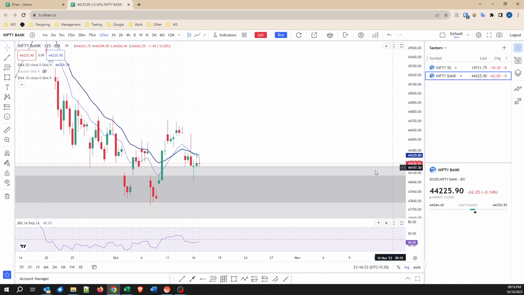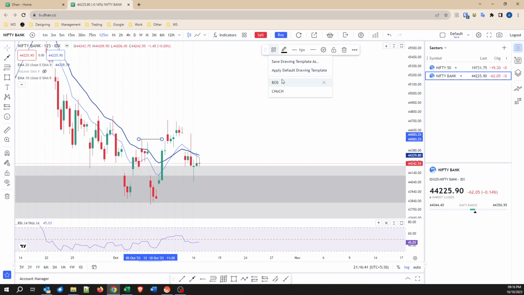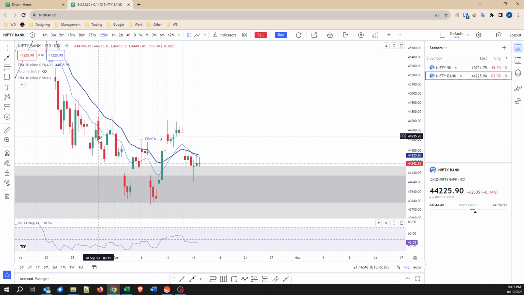Good thing is, this drop base rally demand zone is what caused the breakup structure here. No, this will not be a breakup structure. This will be a change of character, since it was a downtrend until here.